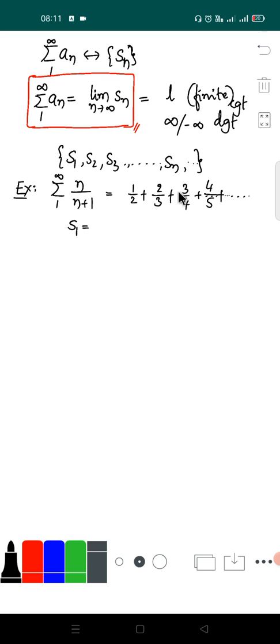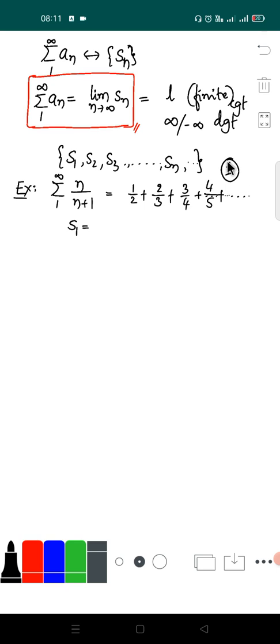You can see that 2 by 3 is greater than 1 by 2, and 3 by 4 is greater than 2 by 3, and this fraction is reaching almost 1. So it is not decreasing, it is increasing and reaching towards the number 1.